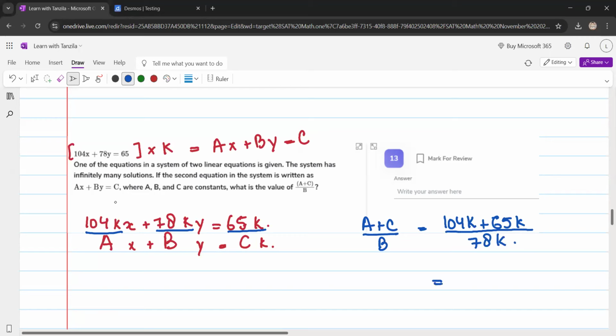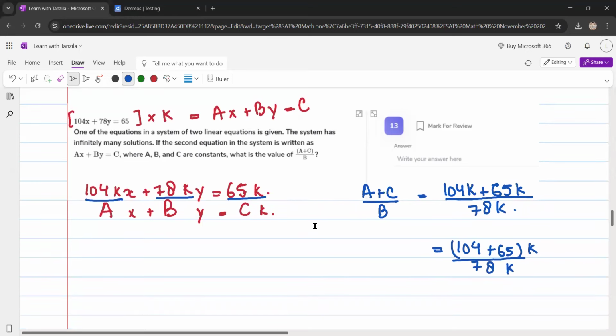I can factor out K in the numerator over 78K. I can cancel out the K's, right? I'm left with 104 plus 65 over 78.